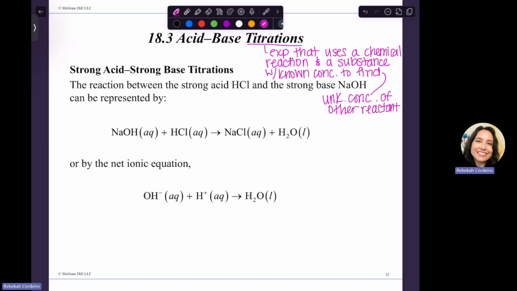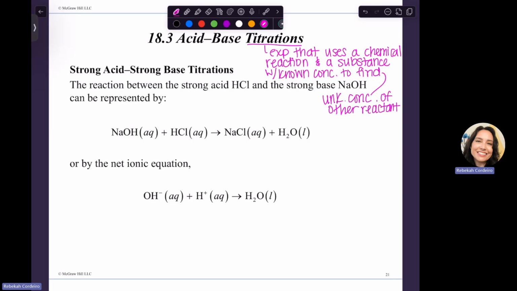So we're going to react two things together, where we know the concentration of one of them, and then we can use the information about how much it took to neutralize or to fully react to get the concentration of the other substance.